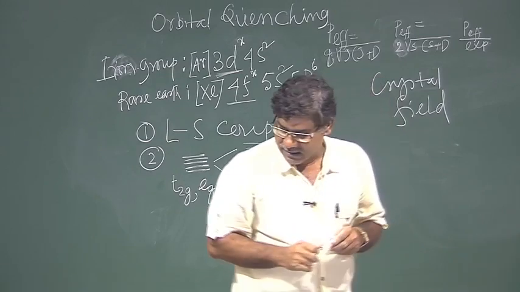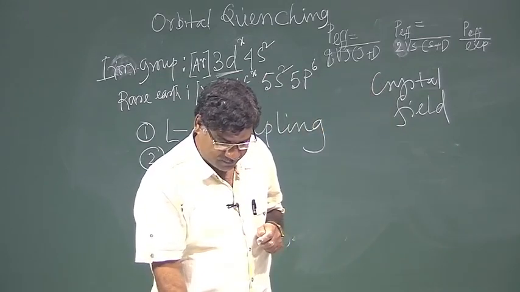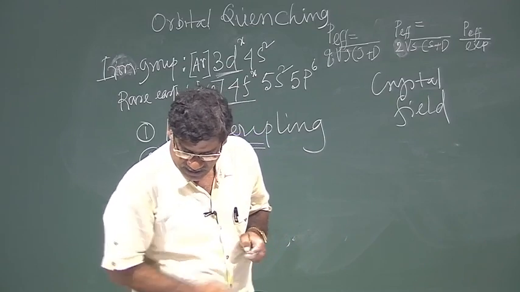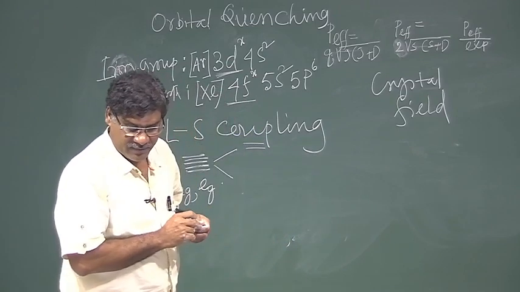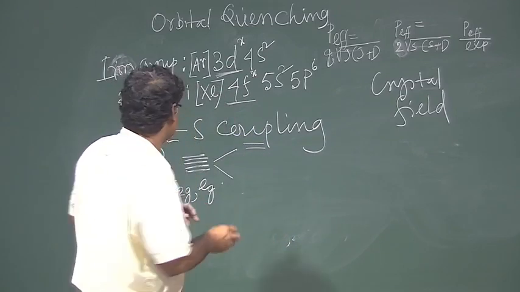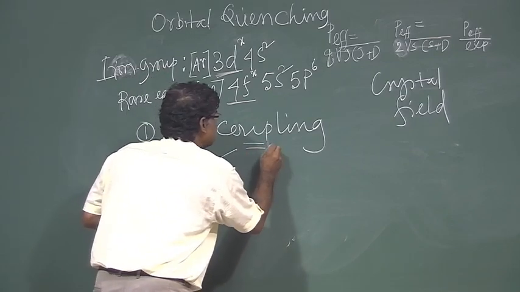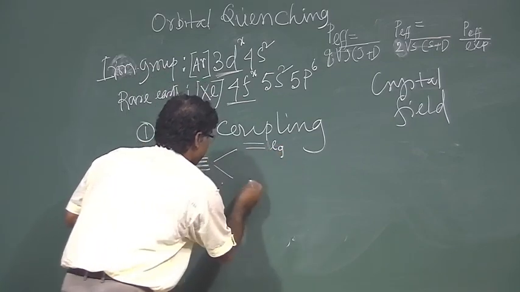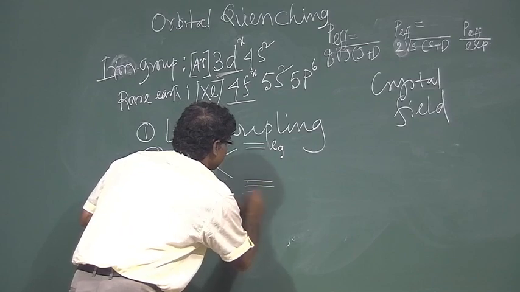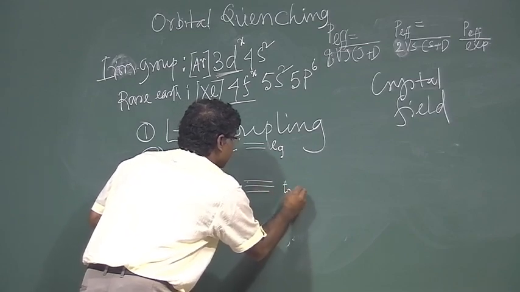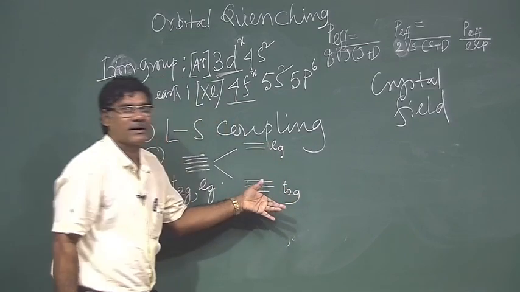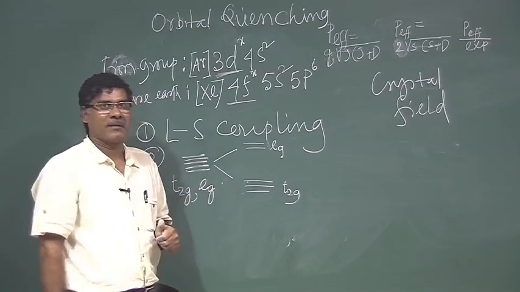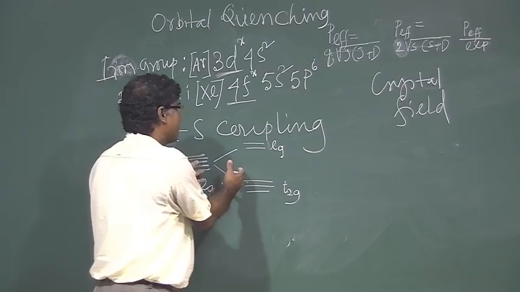Which one is higher, that I have to see. Okay. So, Eg is higher. So, this will be Eg, okay, and then that will be T2g. So, this is the nomenclature.